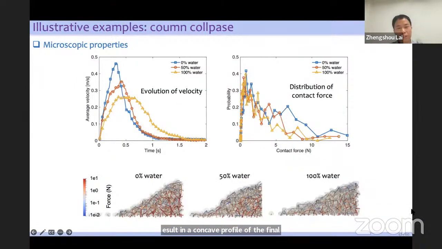If we further investigate the macro parameters of the particles, we can see that for the fully immersed case, the evolution of velocity is slower than the jet case. Because for the fully immersed case, to begin with, if the particle moves, it will bring the fluid to move, so the kinetic energy will transfer into the fluid.